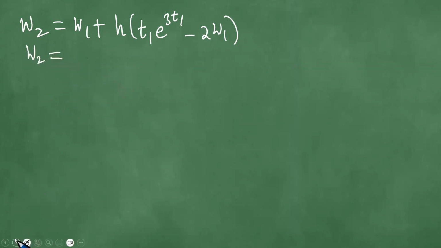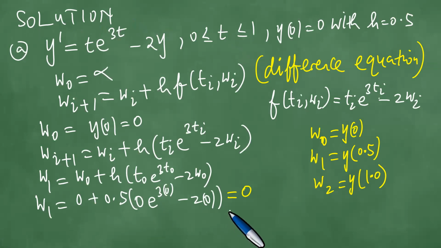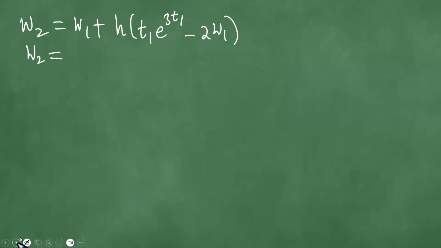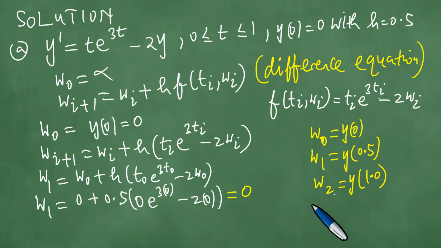What is W1? We got W1 to be 0 in this question. It is clearly 0. H for this question is 0.5, T1 is 0.5.